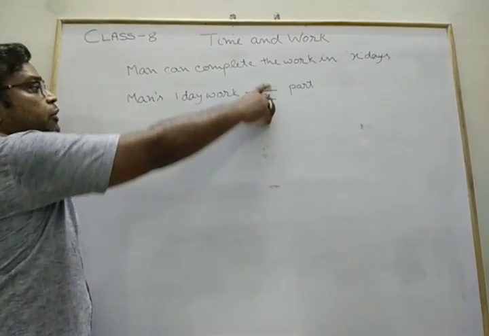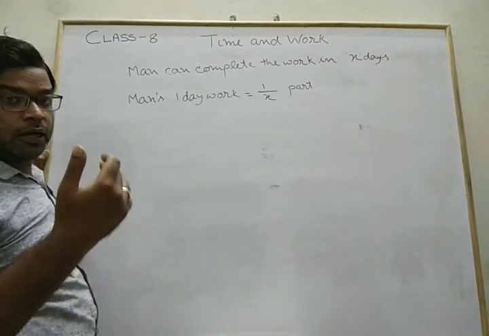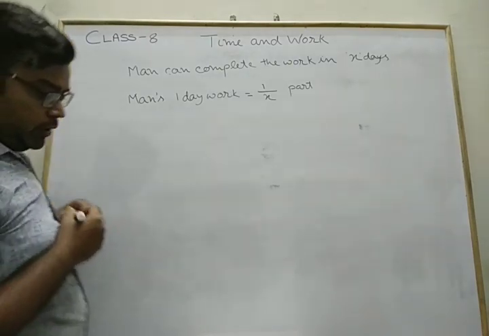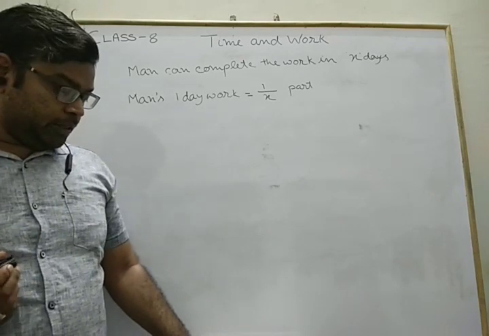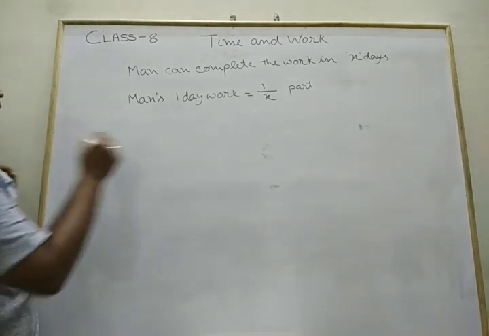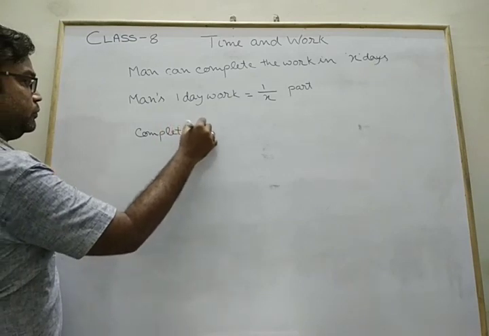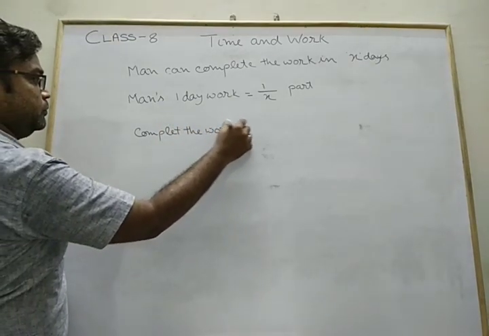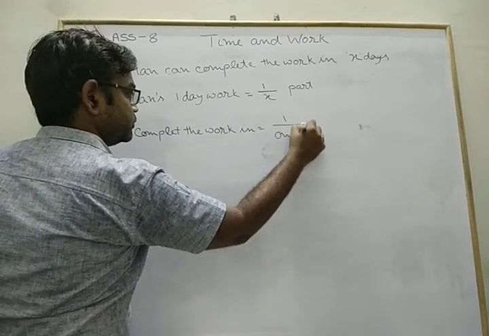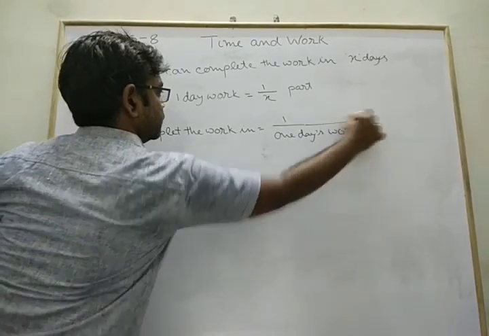One day's work is 1 upon x part, so the time to complete the work equals 1 upon one day's work.